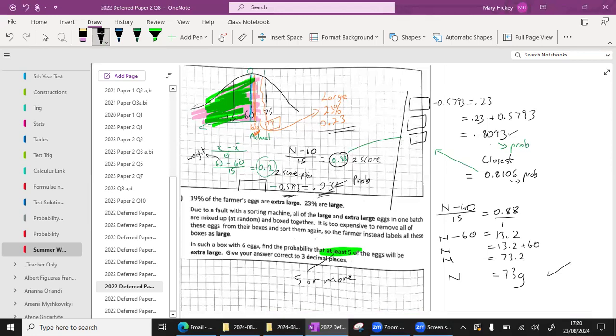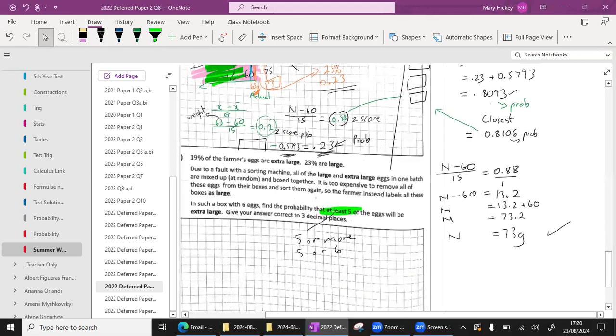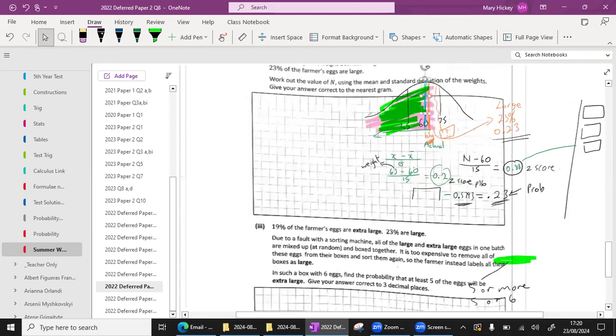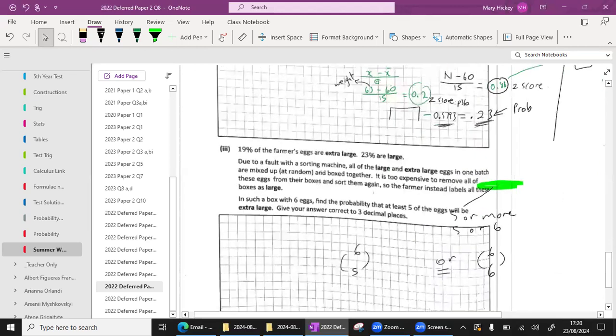Now, because there's only 6 eggs per packet, it's 5 or 6. So really what we're saying here is there's 2 options. Out of the 6 eggs, 5 of them are extra large, or out of the 6 eggs, all 6 of them are extra large.